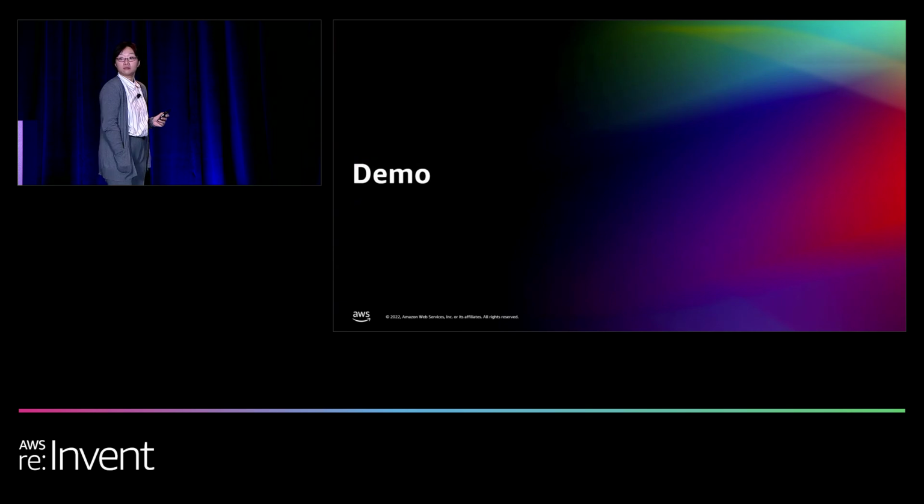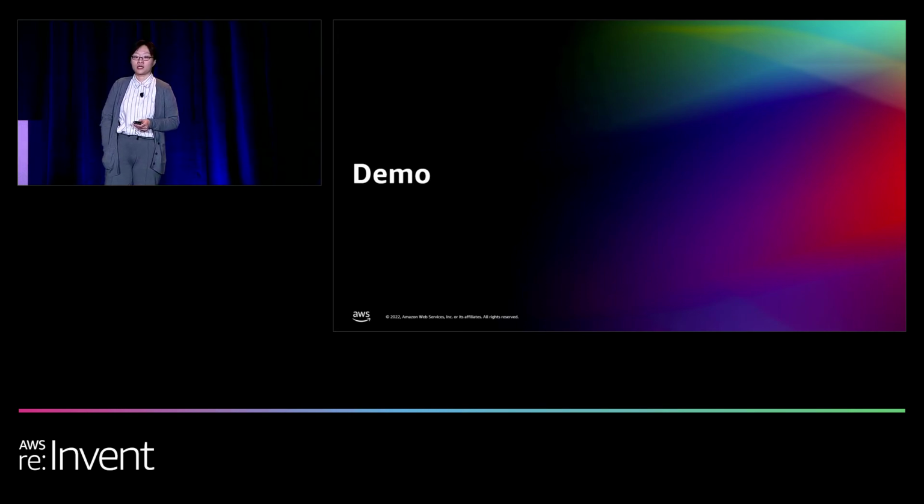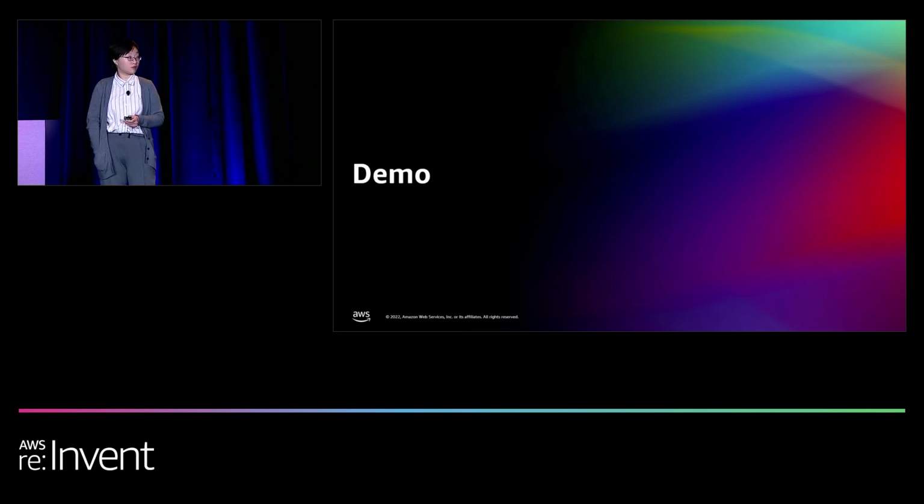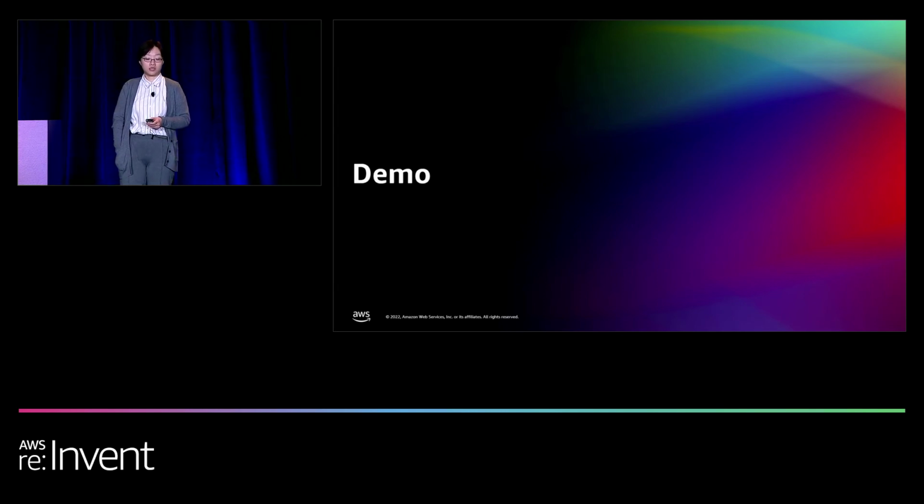Now, in a minute, I'm going to show you a demo of how this actually works end to end. We have created a use case about a customer. Her name is Cheryl. Cheryl was trying to contact an agent because she wanted to book a hotel room for her family to spend the vacation, and she wanted to use her reward points. She found out that she doesn't have enough of a balance, and she reached out to the agent.